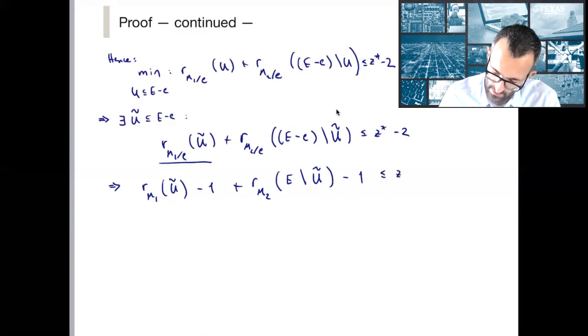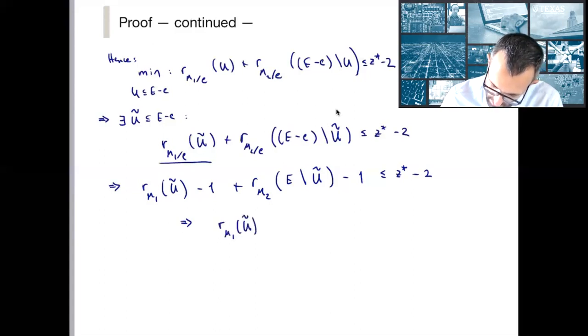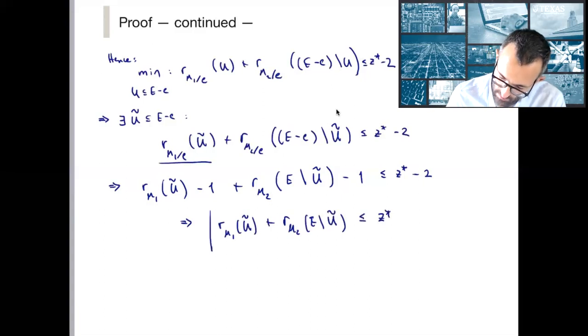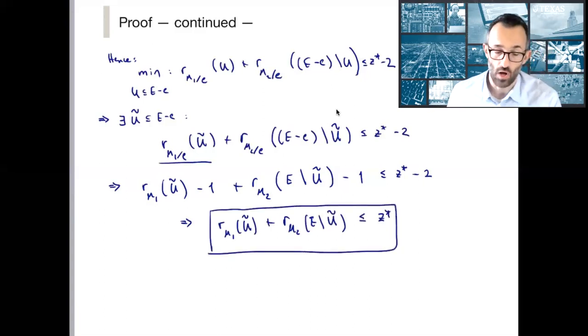And this has to be less than or equal to Z star minus 2, which gives us this inequality, that R of M1 of U tilde plus R of M2 of E minus U tilde is less than or equal to Z star. It's our second inequality.